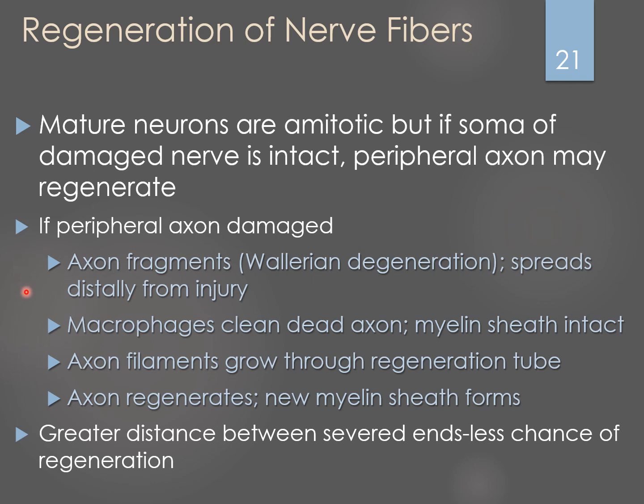And that's going to spread distally from wherever the injury was. The macrophages are going to clean up the mess. Axon filaments are going to start growing through a new regeneration tube. That axon may regenerate and new myelin sheath form. The greater the distance between the severed ends, the less chance of regeneration.